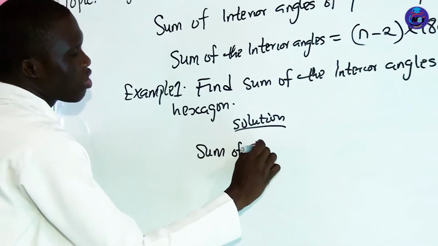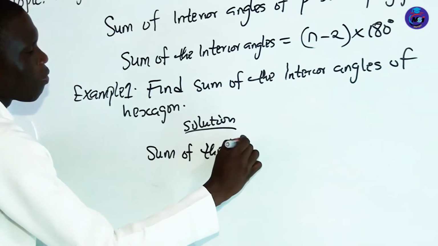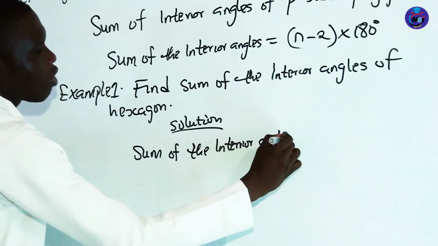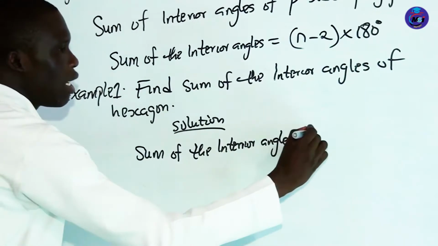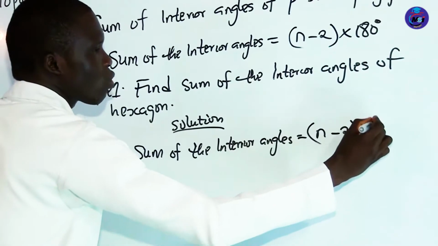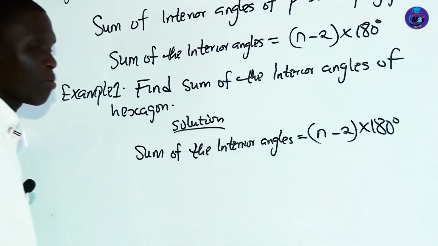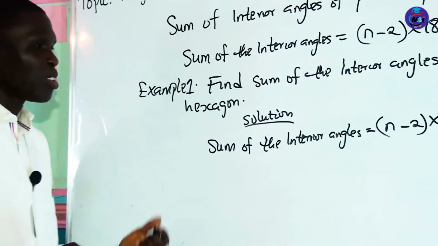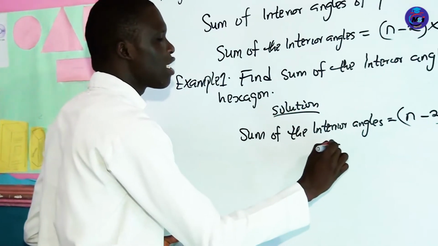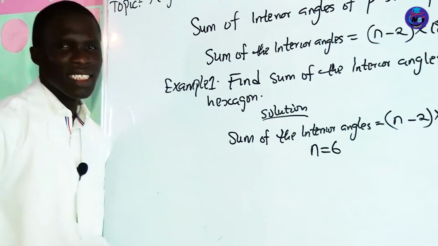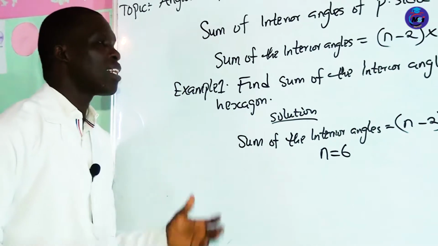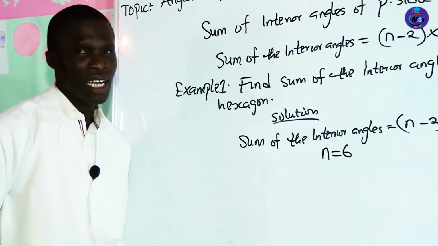Sum of the interior angles equals (n minus 2) times 180 degrees. I hope you are following me. So what is n here? Our n is 6. Why is it 6? Because we are finding the sum of the interior angles of a hexagon.